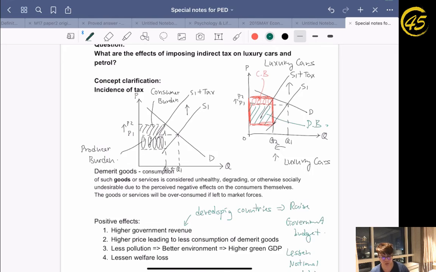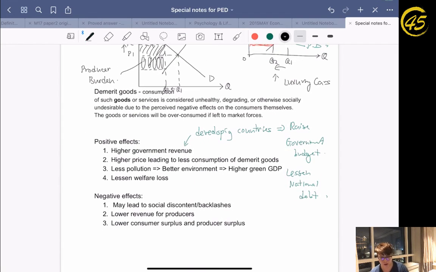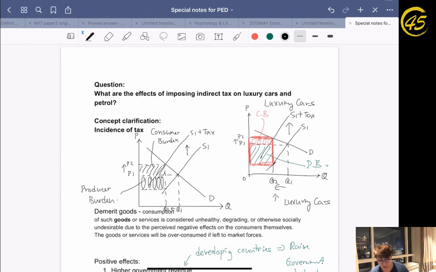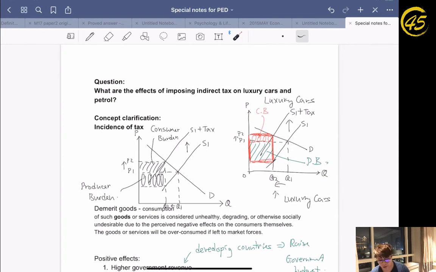Remember, how do we calculate revenue? It is P times Q if there is no tax. If there is tax, it should be P times Q minus the tax revenue. Let's check here. The original total revenue is here, and now we have the new price and new quantity here, so the P times Q should be here.